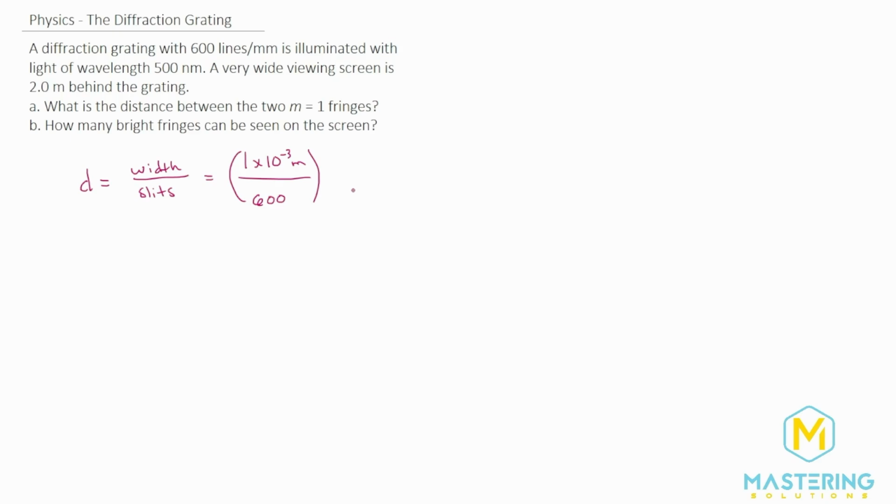Then we need to figure out the distance between the two fringes. Before I get into that, let's write down the equations we'll be using. The first one is sine of theta equals m lambda over d. The second one is y equals L tangent of theta.